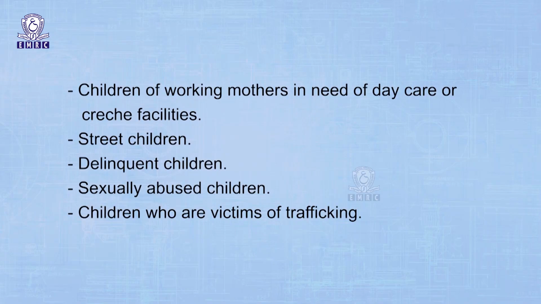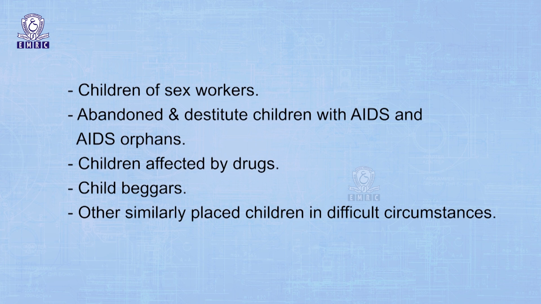These categories include children of working mothers in need of daycare or creche facilities, street children, delinquent children, sexually abused children, children who are victims of trafficking, children of sex workers, abandoned and destitute children, children with AIDS and AIDS orphans, children affected by drugs, child beggars and other similarly placed children in difficult circumstances.